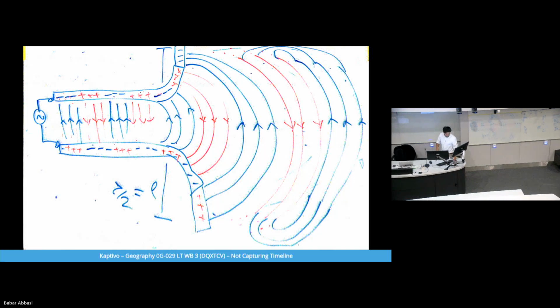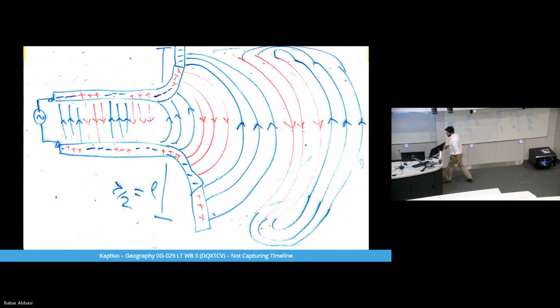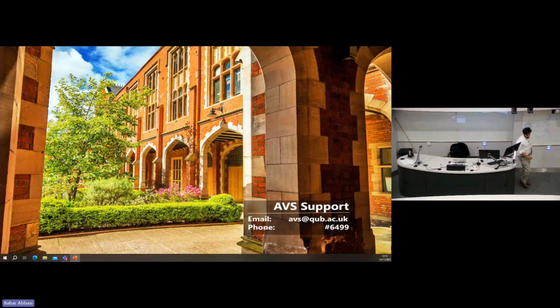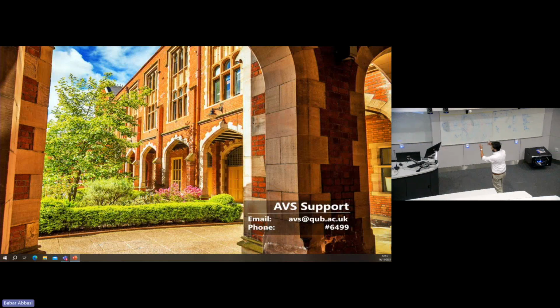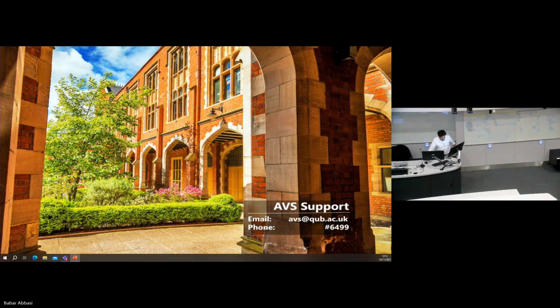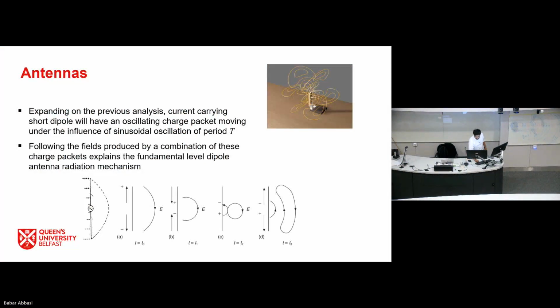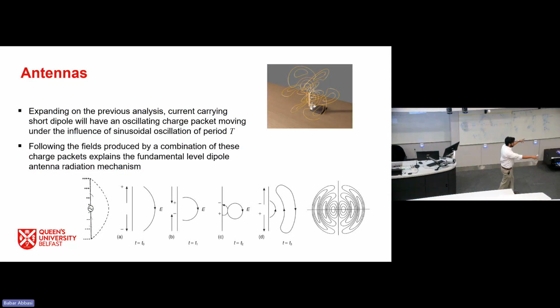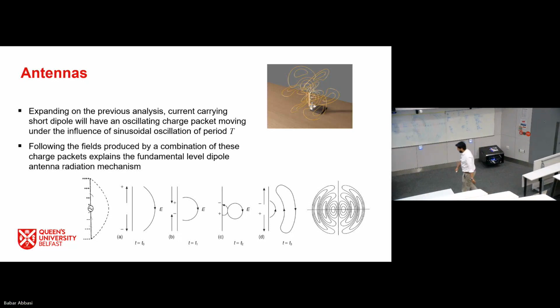Okay, so given this, we can say that a simple dipole antenna radiates as given here. So this is how simple dipole antennas radiate.